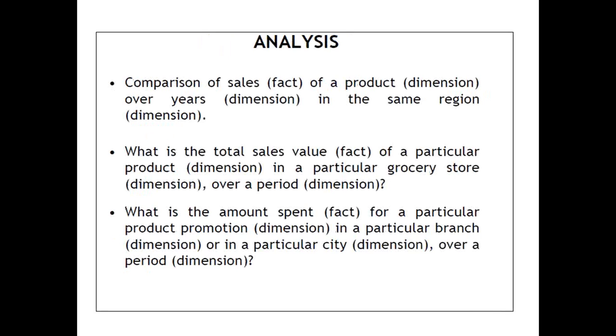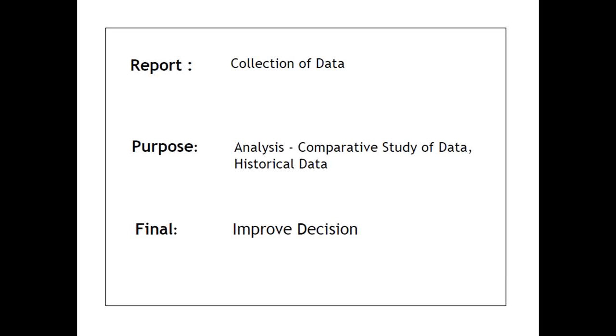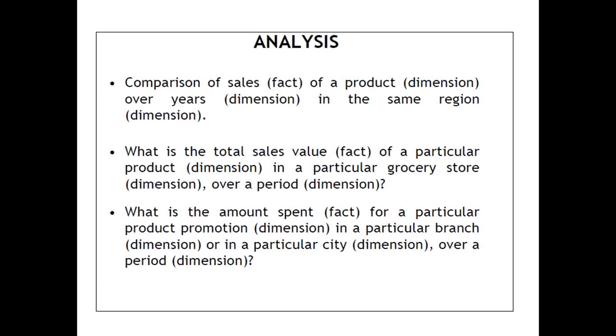So let's give the same discounts to the other cities also. That is how the end user takes decisions to improve the business. So this is a decision. He is planning to give 30% discounts in other cities to improve the business, right?